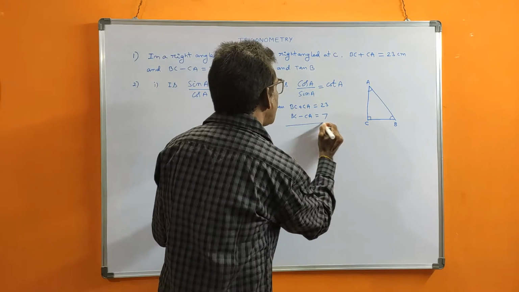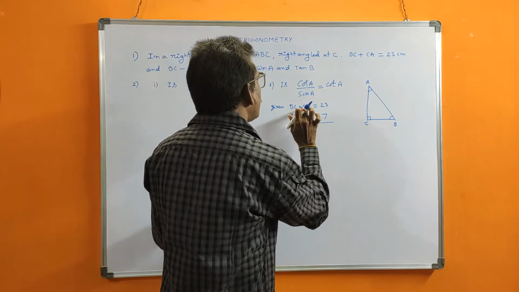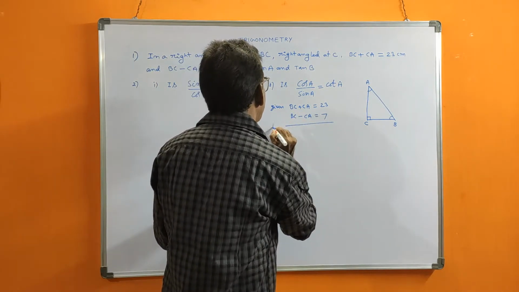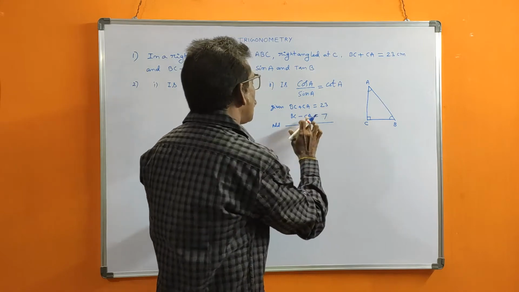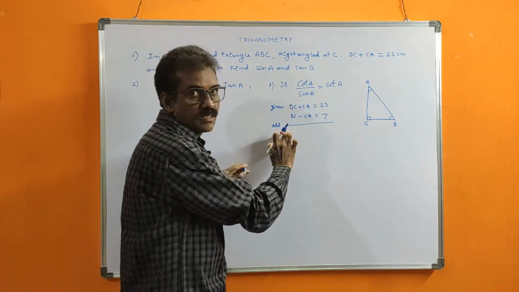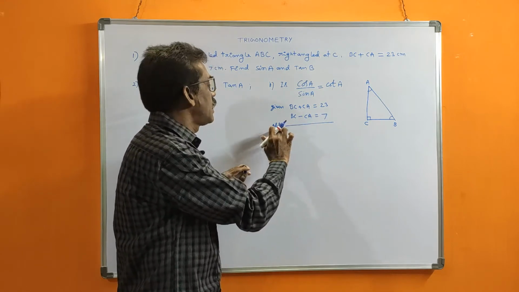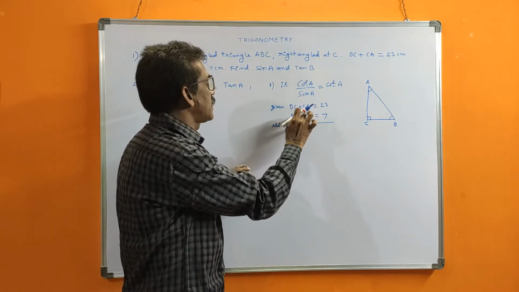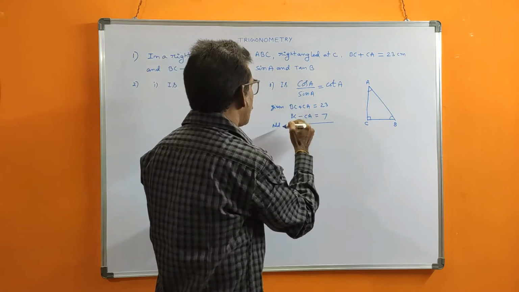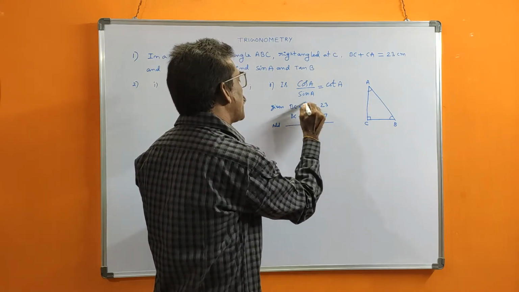Here, these have opposite signs, so by adding only we can get the values. If the signs were the same, then we would subtract, and the signs of the lower equation would change. Now here the signs are already opposite, so adding is enough. Plus CA and minus CA cancel.